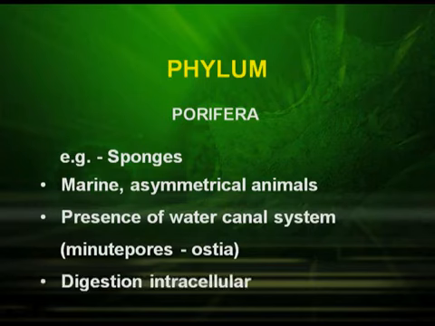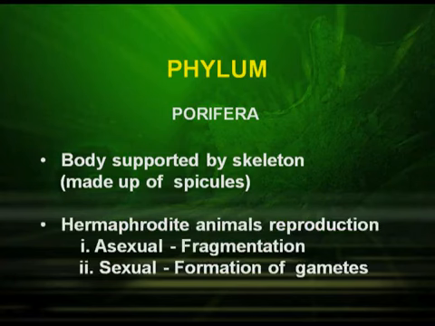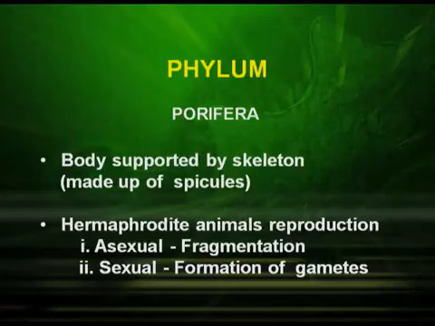Digestion is intracellular and the body is supported by a skeleton which is made up of spicules. They are hermaphrodite animals, that is, the male and female are found in the same individual. Asexual reproduction takes place by fragmentation and sexual reproduction is by the formation of gametes.